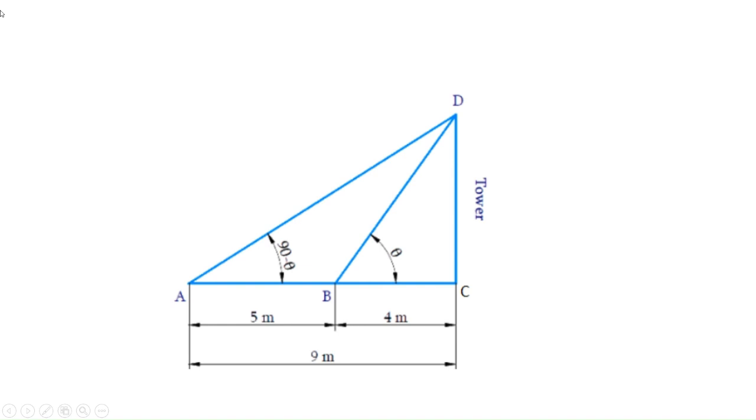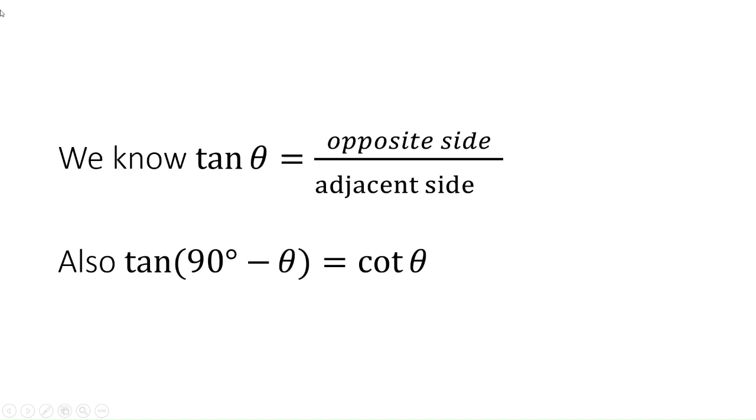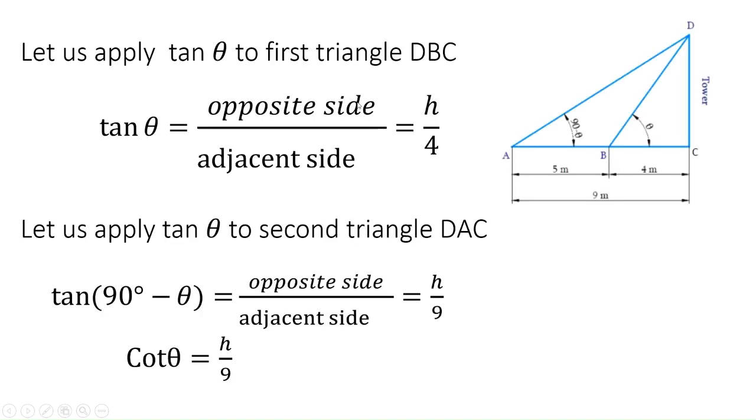Now one more simple point we need to note is tan theta is equal to opposite side by adjacent side, and tan 90 minus theta is equal to cot theta. We are using these simple trigonometric ratios. Coming back to the point, first let us apply tan theta to the first triangle DBC, where DC is the height of the tower and BC is the distance between the tower and the first point.